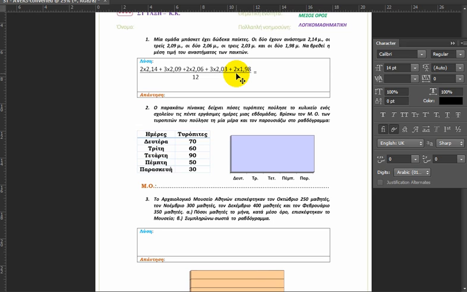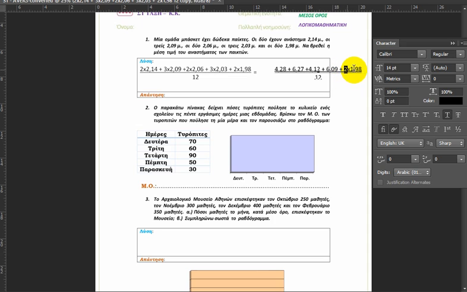Move this over. Okay, so let's do the multiplications first. 2 times 2.14 is going to give me 4.28 plus 3 times 2.09 is going to give me 6.27, and 2 times 2.06 is going to give me 4.12. 3 times 2.03 is going to give me 6.09.